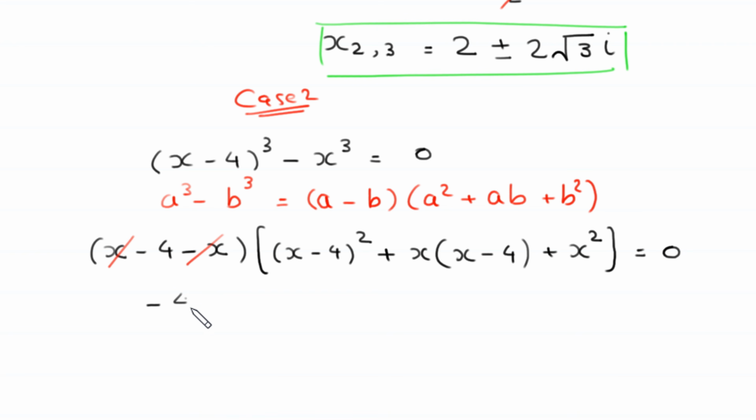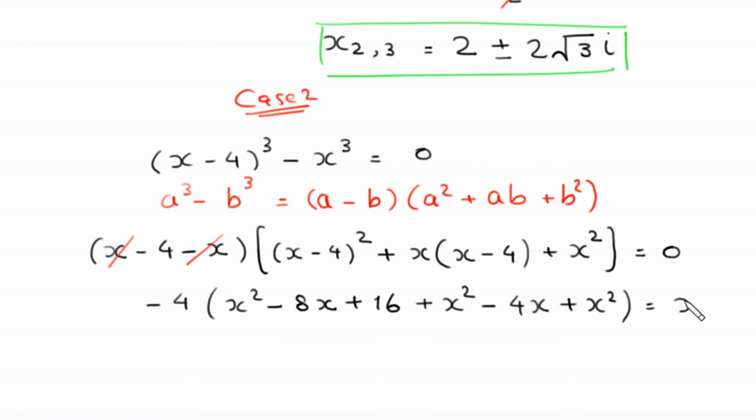with negative 4 times this x minus 4 whole squared will become x squared minus 8 times x plus 16, and x times x will become plus x squared, x times negative 4x plus this x squared is equal to 0.